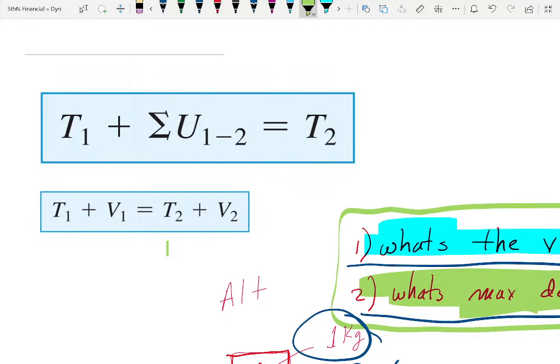If in fact you have a nonconservative mode of energy, meaning friction or something like that, that term exists, right? But you have to think about this. This term has to have that embedded in it. This one is for purely conservative, meaning there's no friction or anything like that.